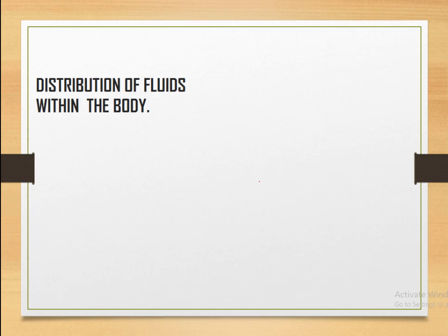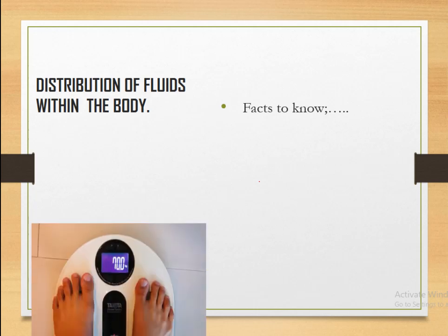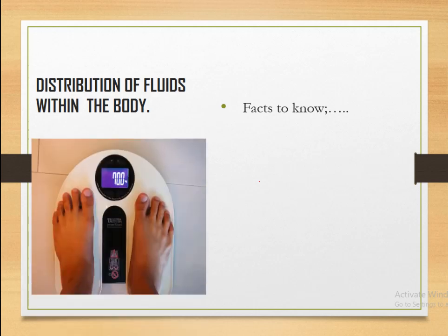The highest amount of water in the body is found in the brain, which is 85%. But the teeth have only 8%. So let's look at some facts we need to know about the distribution of fluids in the human body.